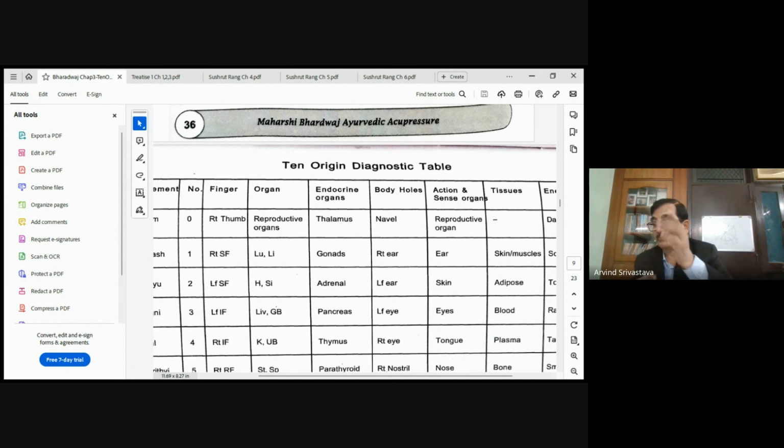So skin is kept in the second one. Shabd, sparsh, touch. Touch is skin. So skin is kept in second number. Now for radiance, we need eyes. So it is kept in third number.